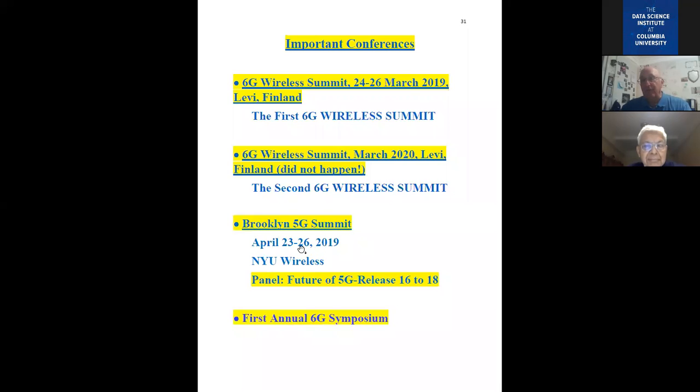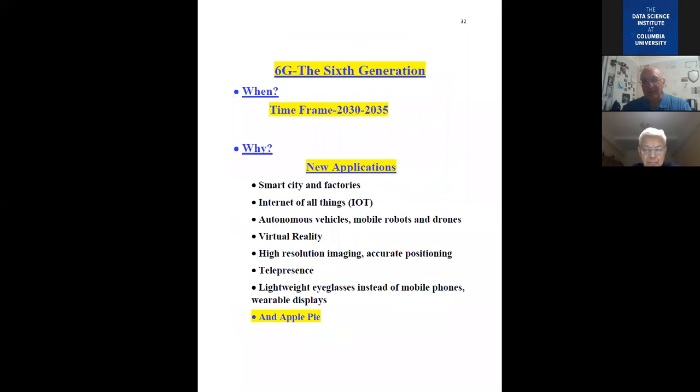There was a conference in April of 2019 in Brooklyn called 5G, but there was a lot about 6G as well. A friend of mine, Richard Gitlin, those of you who know him, just recently sent this to me and said there's going to be a conference in October on the internet. I think InterDigital is one of the companies sponsoring this conference. So 6G is becoming very popular. On top of this, there's a whole bunch of articles coming out about 6G.